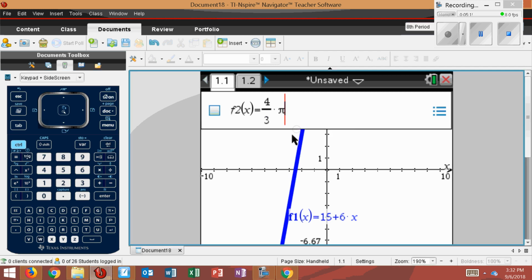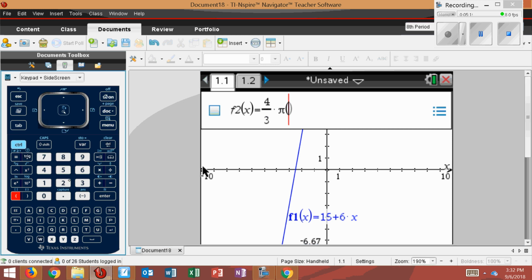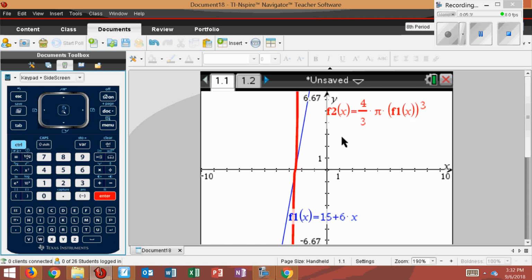So there's the pi, but the r is actually the equation here, F1. I need to cube this. So I would cube it like that. And so this is our volume function.